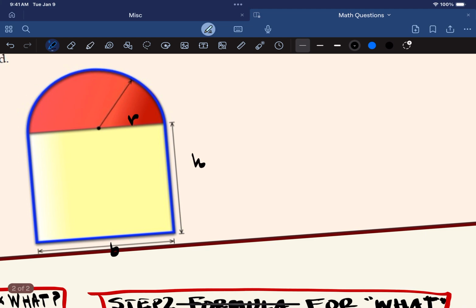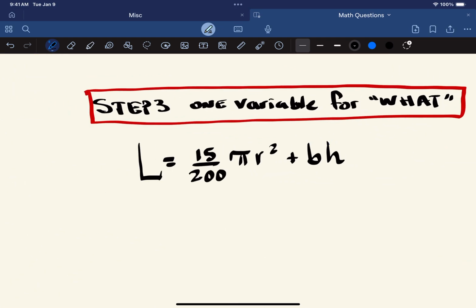I can see that this would also be r, and this distance would be 2r, r plus r. And that distance should be the same as that one, 2r. So my b could be set to be 2r. It could be exchanged for 2 radii. So that tells me one way to simplify, to get rid of at least this b right here. That b could become 2r.